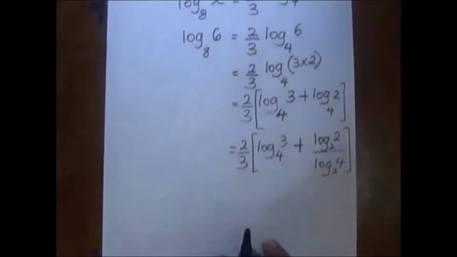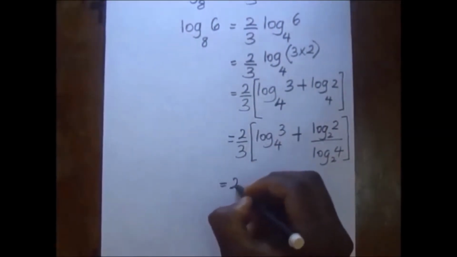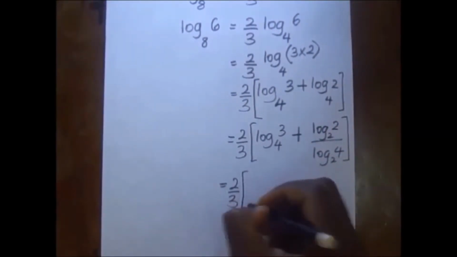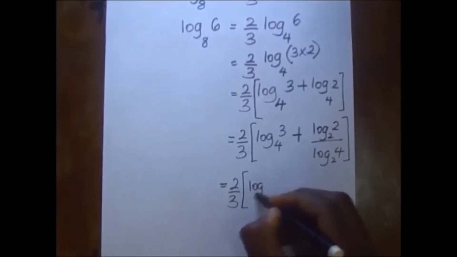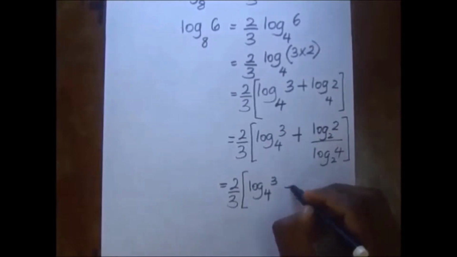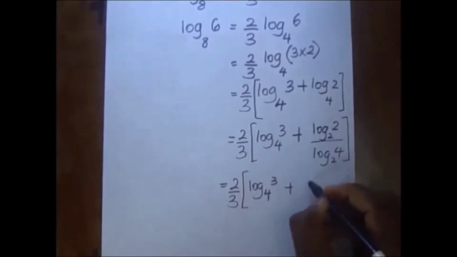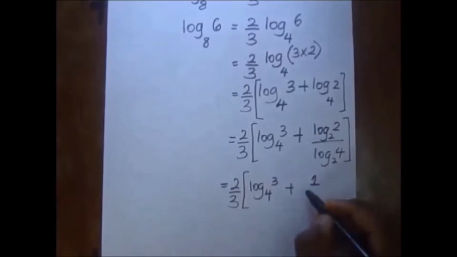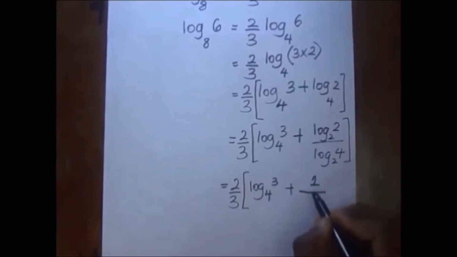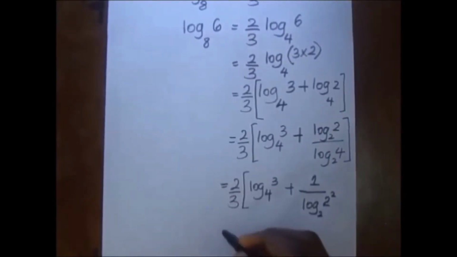So that is going to become 2/3 into log of 3 base 4 plus log of 2 base 2, that's going to be 1, divided by log of 4 base 2, that is 2 squared.